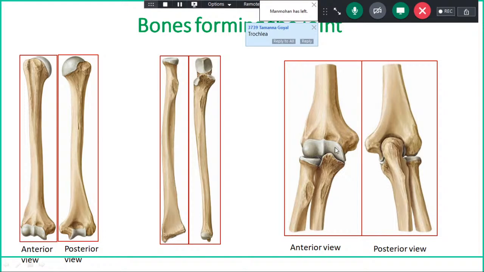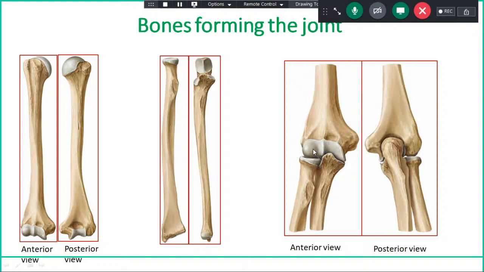So this trochlea, you can see it is divided, there is a depression over here, isn't it? So a medial part and a lateral part, and also this medial edge is known as the medial flange, and this one the lateral flange.